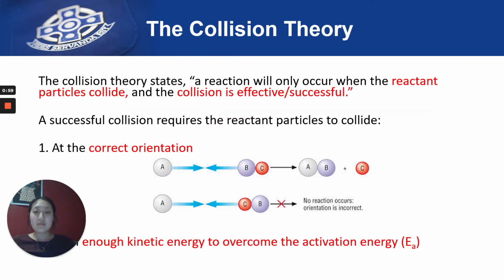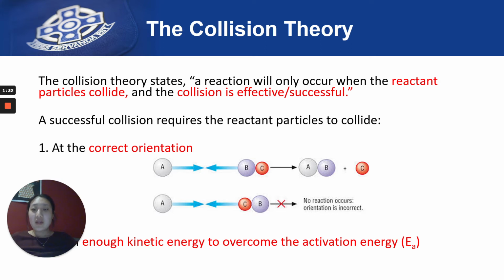Hopefully you've watched the video, but if you haven't, that's okay. This collision theory is about what needs to happen for a reaction to occur. It states that a reaction will only occur when the reactant particles collide, and that collision is effective or successful.